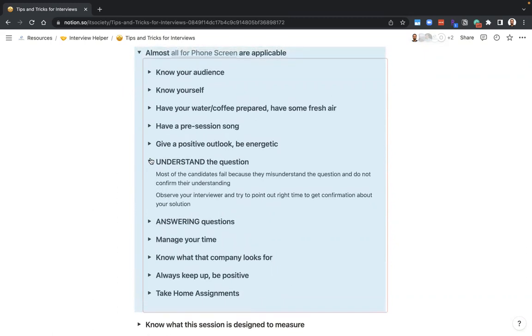You can misunderstand, and you can go in a very different direction.